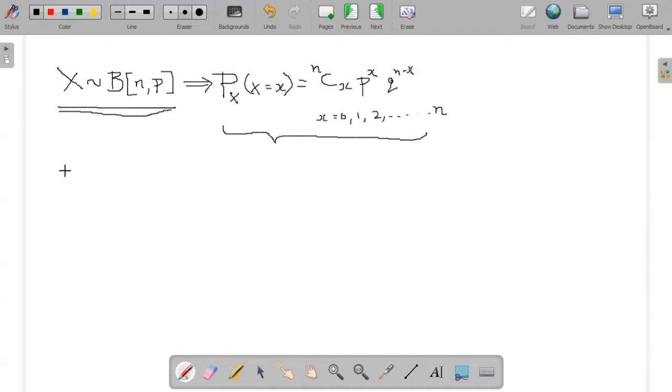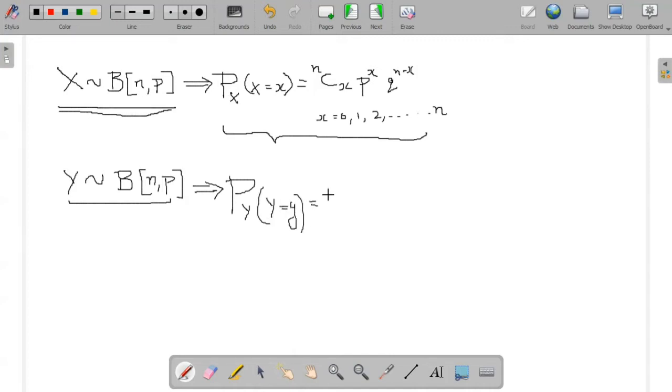Similarly, it's given that Y is distributed binomially with n and p. So the PMF of Y in this question is not given. It's given using a short representation. So we can say that the PMF of Y, similar to X, is nCy p^y q^(n minus y), where y can take values 0, 1, 2 up to n.